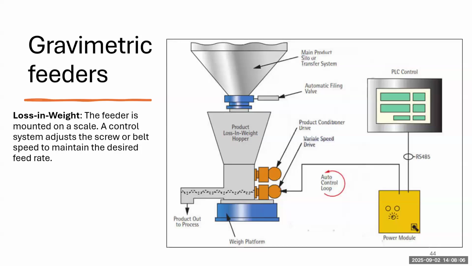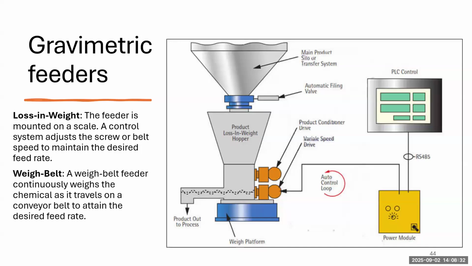Dry feeding can also be done with a gravimetric feeder where it's actually weighing the chemical. And there's two methods to do that. The first is measuring the loss in weight of the entire mechanism as it's fed. And so the controller will sense how much weight are we losing and how can I adjust the feeding speed to make sure that we're losing a uniform weight according to the desired feed weight.